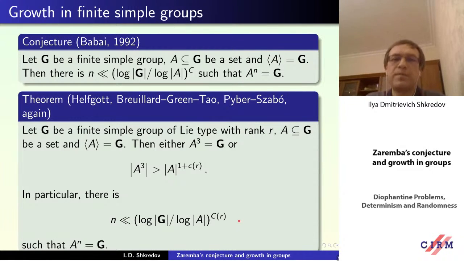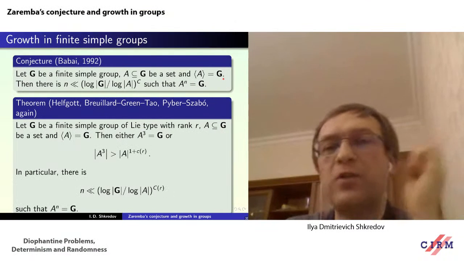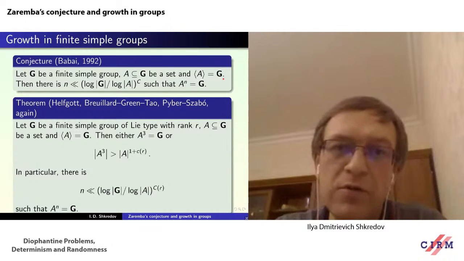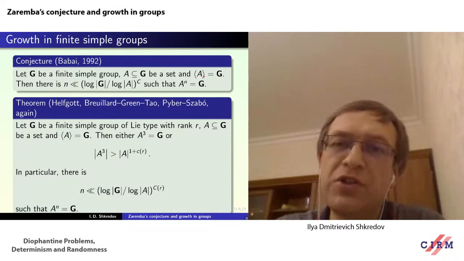There is a famous conjecture of Babai, which says that any finite simple group generates in a very fast way. So for any set which generates a finite simple group, for example a Chevalley group, it generates this group very effectively.